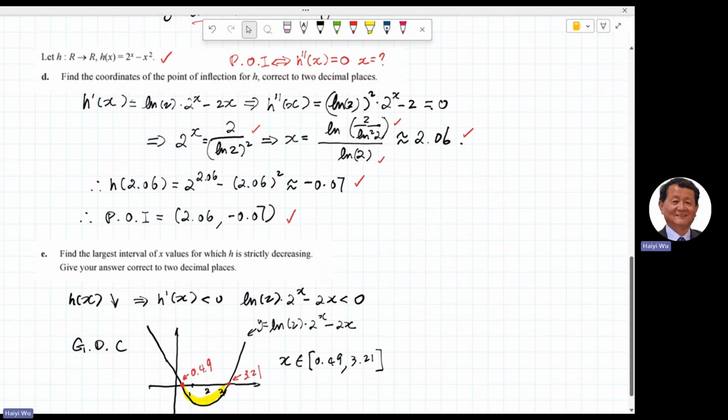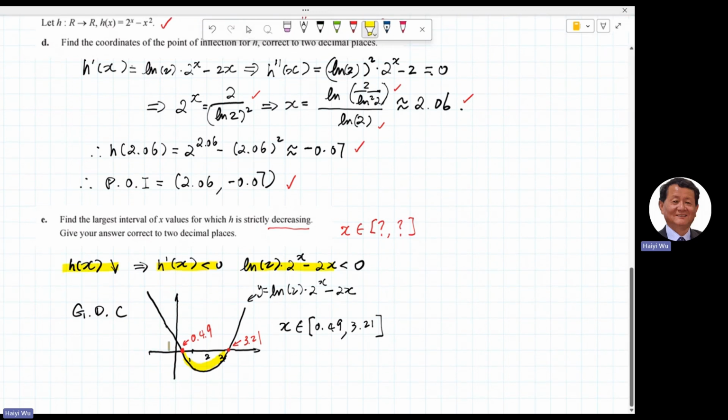Then we need to find the interval of x for which h(x) is strictly decreasing. When the function is decreasing, the first derivative must be negative. I'm going to use the GDC to draw the graph.